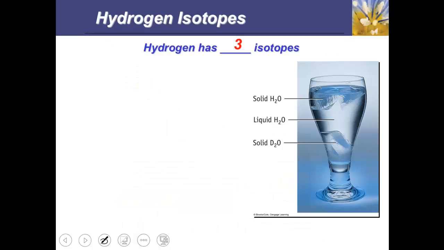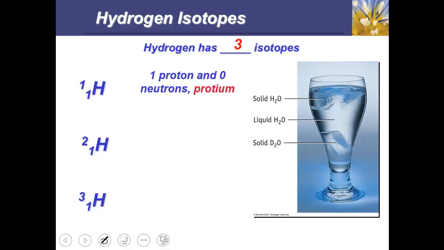So if we are looking at hydrogen, hydrogen in nature naturally has 3 different isotopes. The first one, hydrogen-1, is the most common. I know it's the most common because if you look at the mass of hydrogen on the periodic table, it says 1.0079.